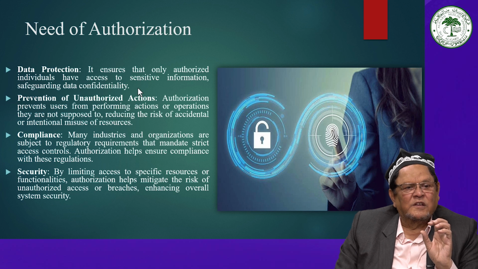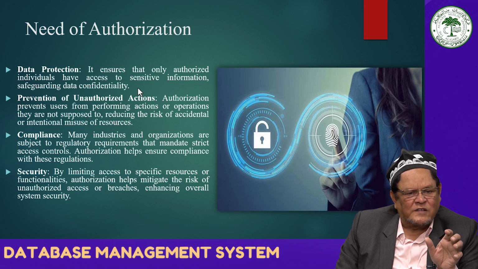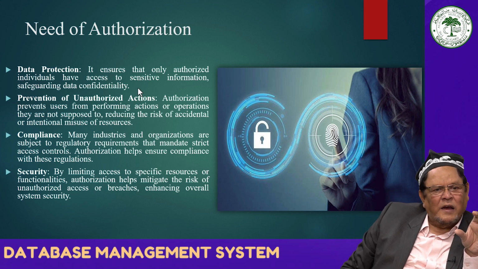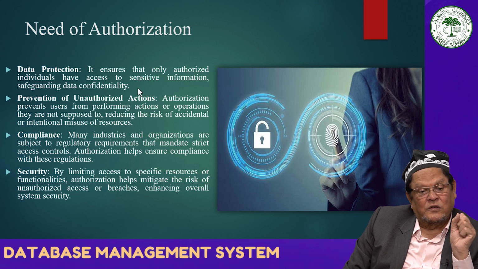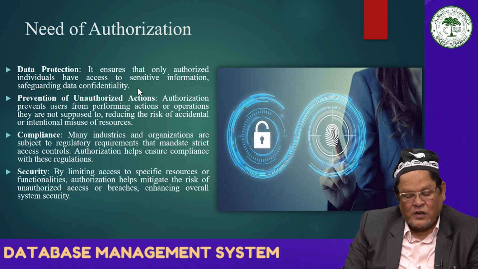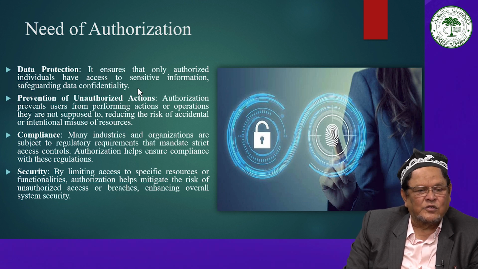Security means by limiting the access to specific resources or functionalities, authorization helps mitigate the risk of unauthorized access or breaches, enhancing overall system security. It means by authorization, it will improve data security. An unauthorized person cannot retrieve information, overall enhancing the system security.